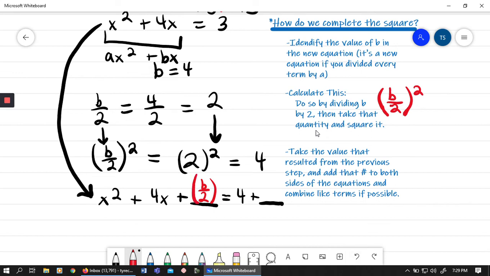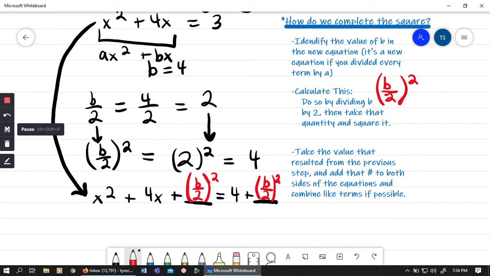In this particular case, that result was 4, when we did b divided by 2 and squared that quantity. So we're going to add 4 to both sides of the equation.